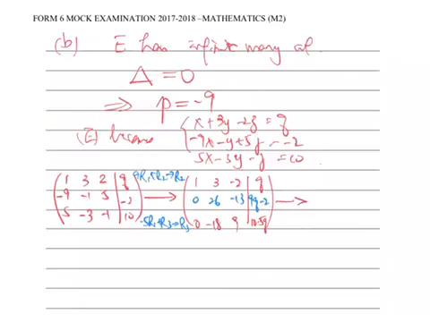The next step is we further simplify by multiplying row 2 by the factor 18 over 26, adding on to row 3. So the first two rows are unchanged, and the last row becomes 0, and this one becomes 0 again.